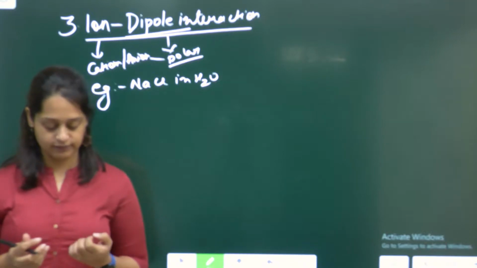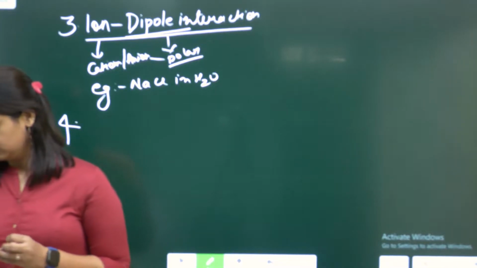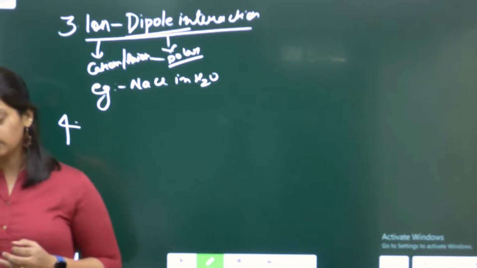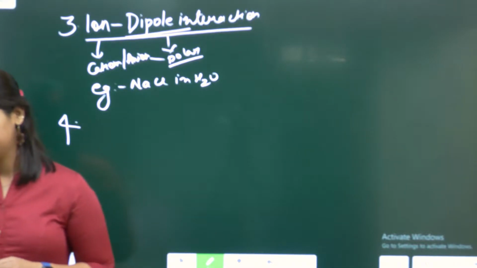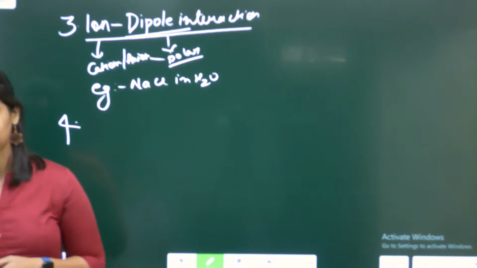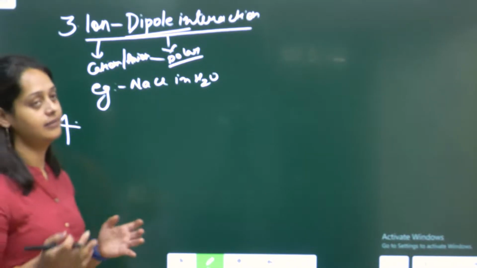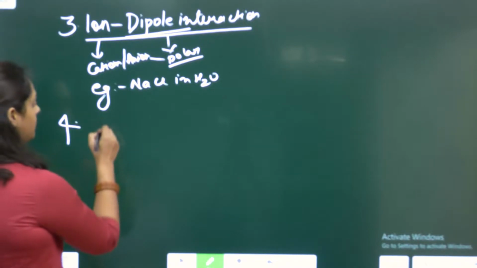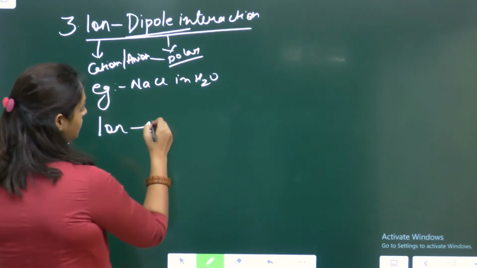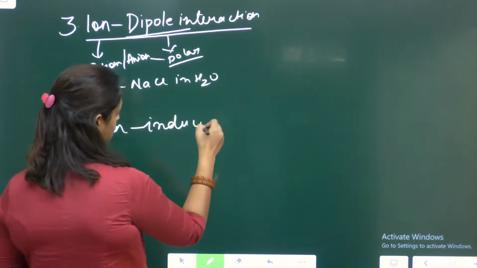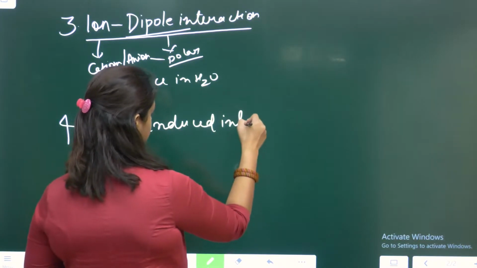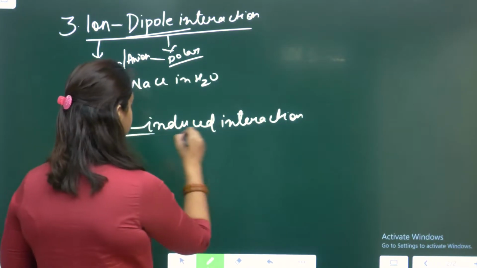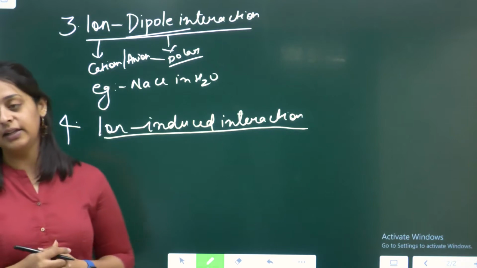The fourth type which we did in the last class was which one? What was the fourth one which we did, Karan? Suresh? So dipole is done, dipole induced dipole is done, ion dipole is done. So what am I left with? Ion induced dipole interaction.